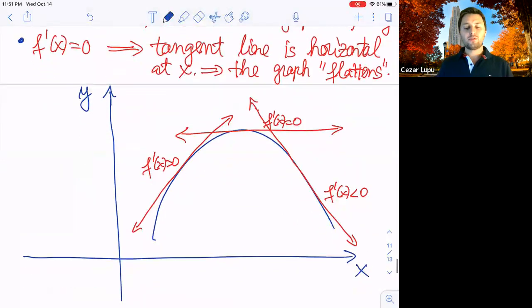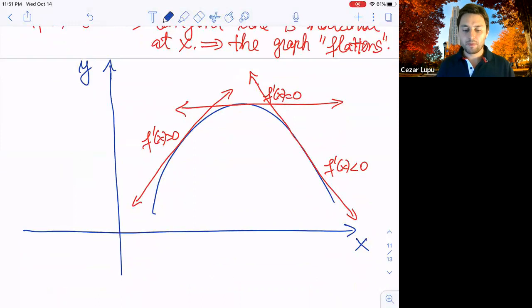All right, now let's just say a few words about the existence of derivatives.